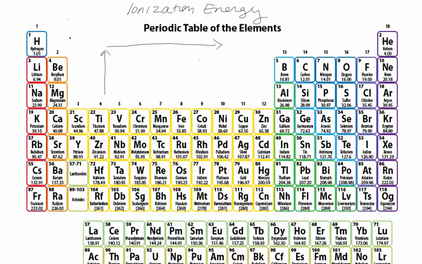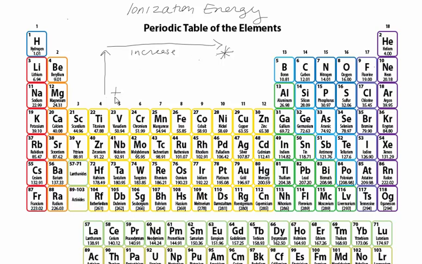So the ionization energy will increase as you move from left to right, and it increases as you move from bottom to top. So since we're increasing the energy required to remove that electron, then these elements in the top right will be less likely to have an electron removed.